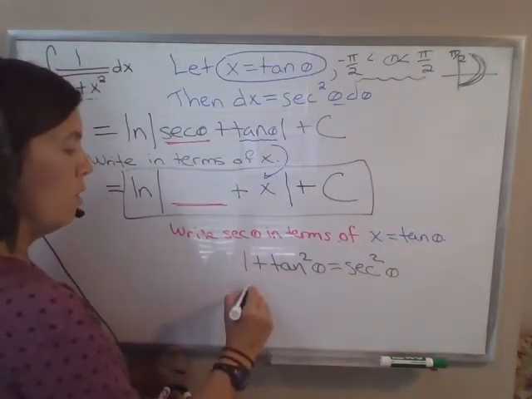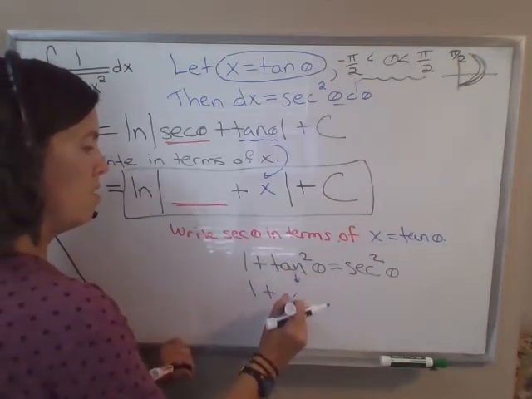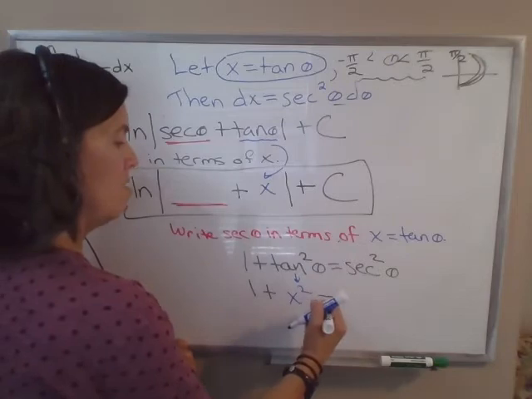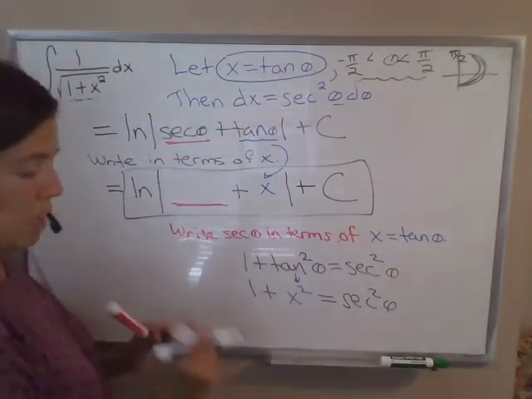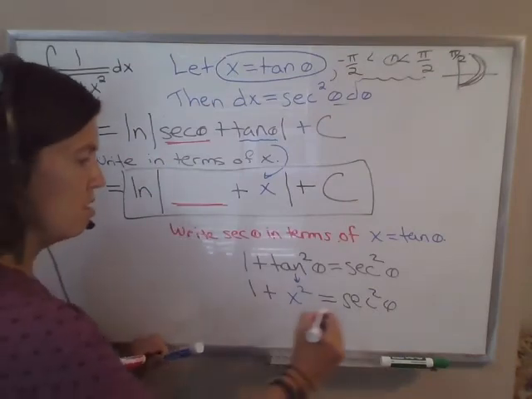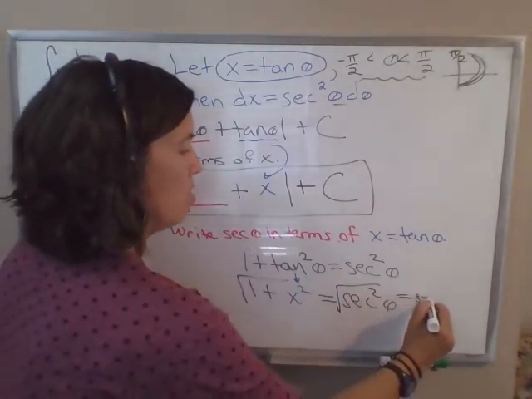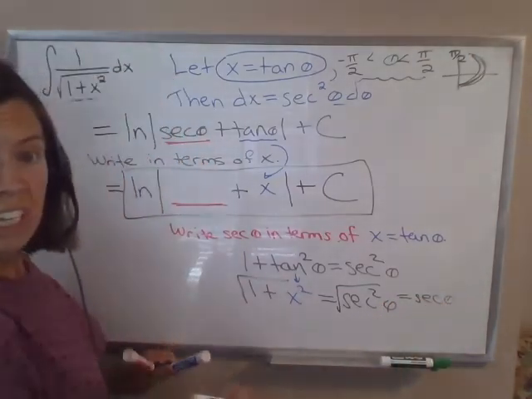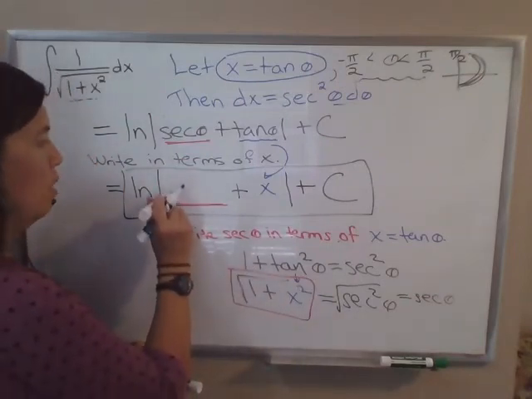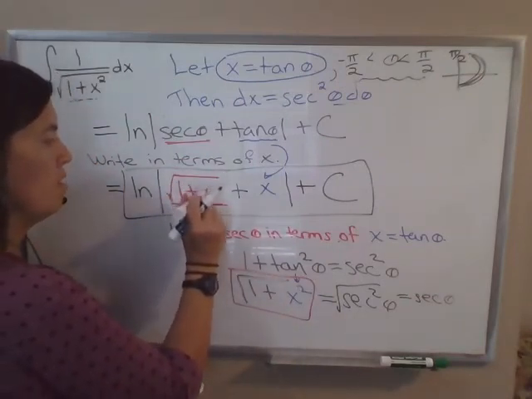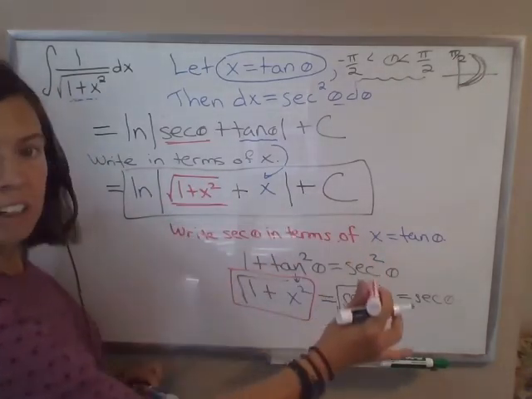Well, tangent theta is equal to x, so 1 plus x squared is equal to secant squared theta. And again, because we're confident that secant theta is positive, we could just take the square root of both sides here, and we know that this is equal to secant theta. So secant theta is equal to the square root of 1 plus x squared. Once we fill in the blank there, that's our final answer.